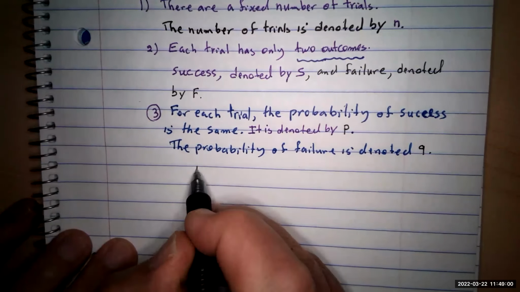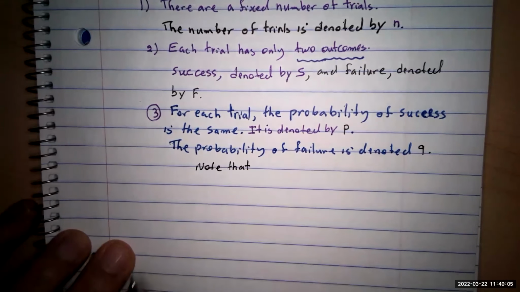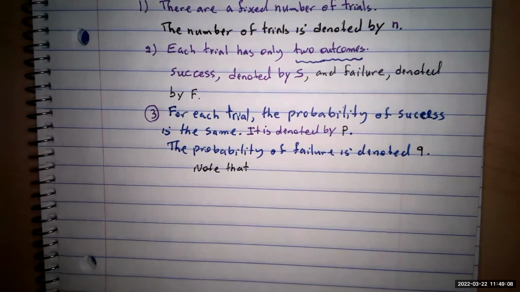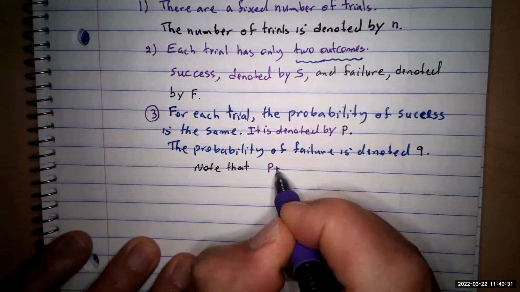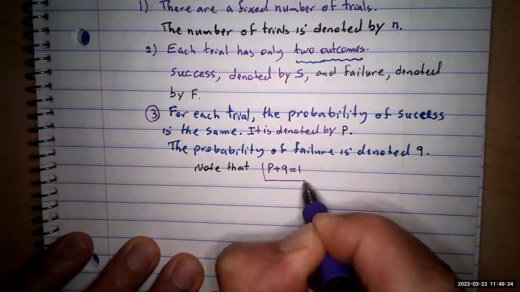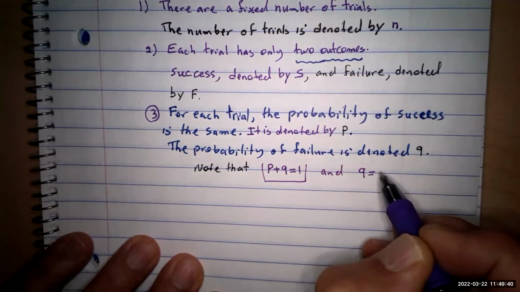Remember, we have only two possibilities, success or failure, so the total of the probabilities in any experiment must be 100%. If you add them together, p plus q is always equal to 1. In particular, q is always 1 minus p.